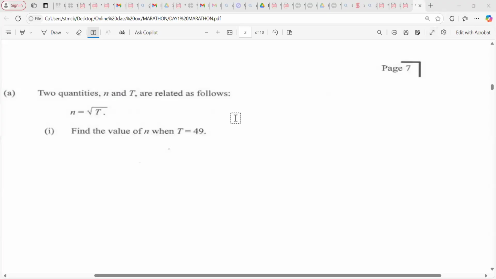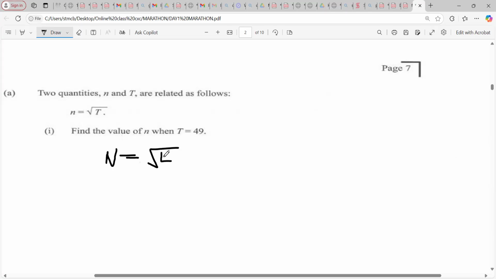Alright, so if two quantities n and t are related as follows, n is equal to the square root of t, find the value of n when t equals 49. So we just simply replace the t with 49 because they gave us 49. And this means that we're going to find the square root of 49.